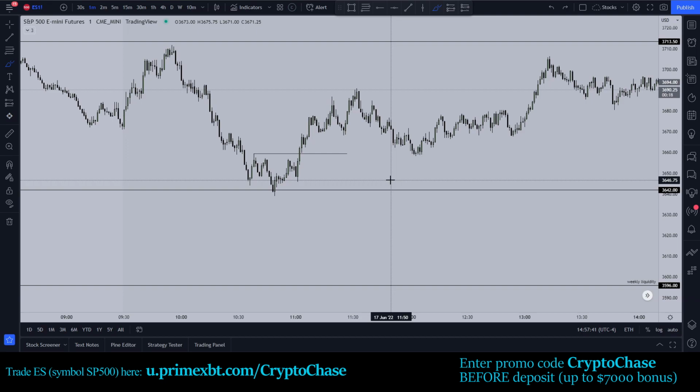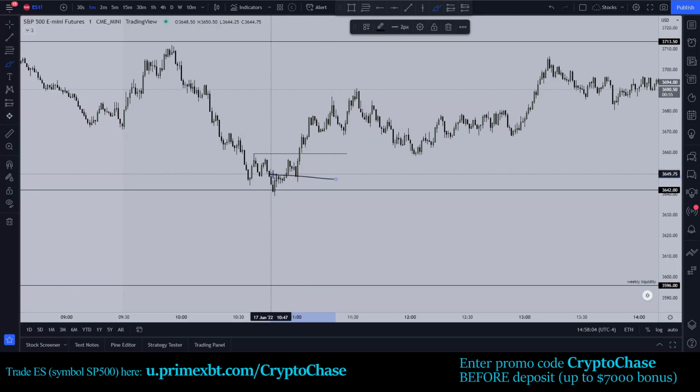So market structure can be difficult to explain, and I think a lot of people are confused with it, and some people probably even do it differently than me, but I'm showing you what works for me. What works for me is making sure that market structure has actually broken, because people think, oh, what about this low right here and this high right here? Okay, but what if you put in this high, because you could see how that flips to support, right?